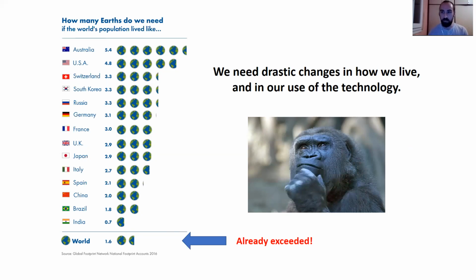Especially Australia, USA, Switzerland; India, which is mostly around the poverty line, would be sustainable, but it would not be acceptable for most people, right? So we need to find technologies that give the level of living of Europe or the USA or these developed countries, but have an impact like that of an average Indian.